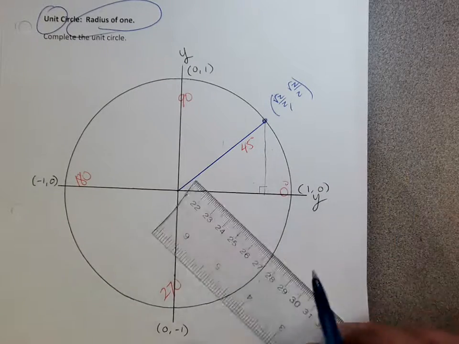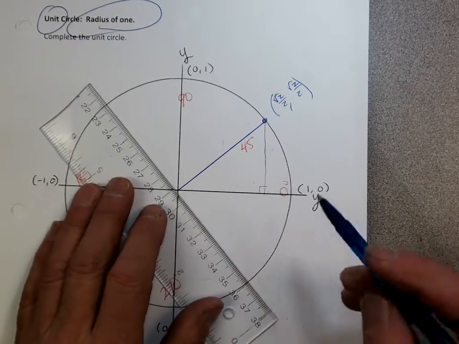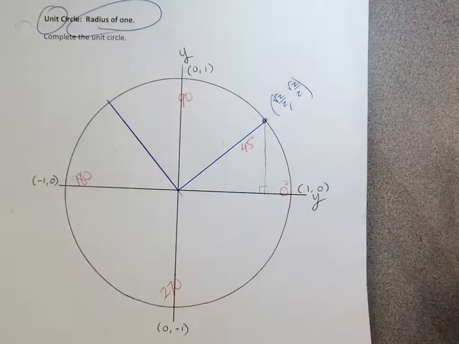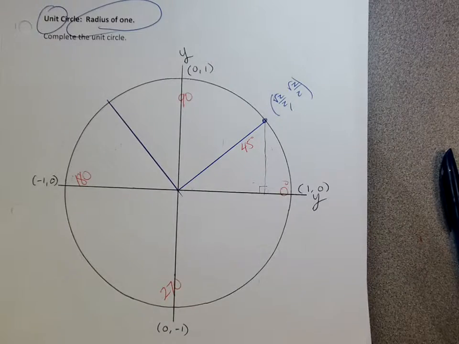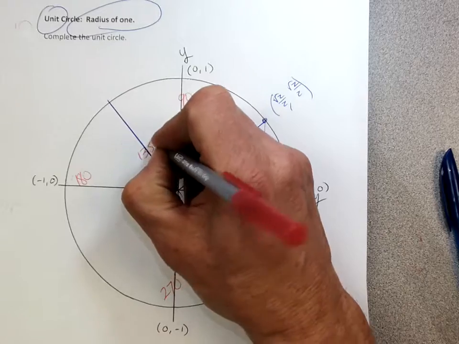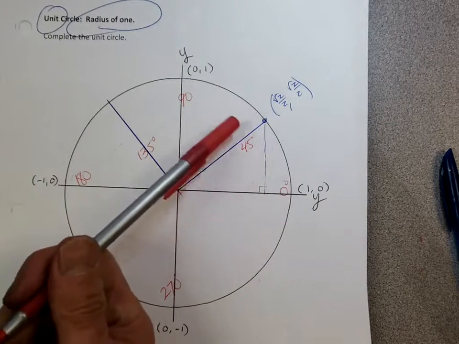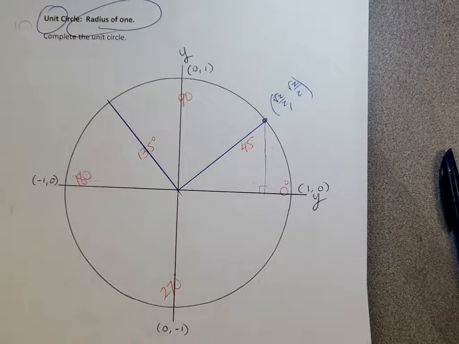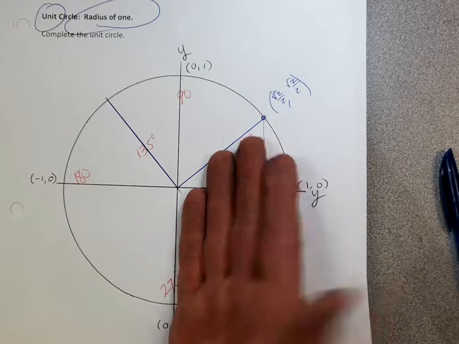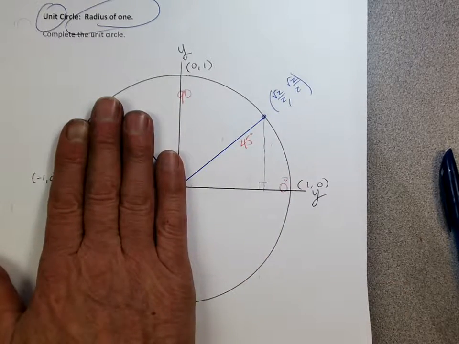Now we could draw another 45, 45, 90 triangle, but on the other side, right? And if I start from 0, it's really a 135 degree angle, right? 45, 90, 135 degrees, right? And this isn't hard. This is just geometry, right? And it's our exact same 45, 45, 90 triangle, but it's over in quadrant 2, right?